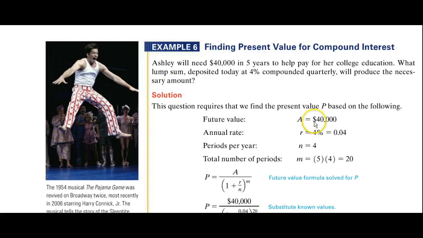So A is our 40,000. The rate is 4%, which converted is in its decimal form. Since it's quarterly, N is 4. And the total number of periods will be the number of years, 5 years from now, times the period of compounding interest, 4 times a year, quarterly, gives you the 20.